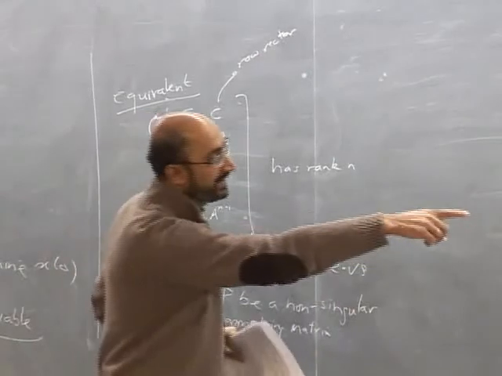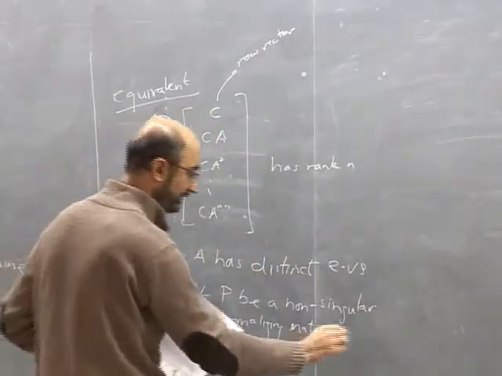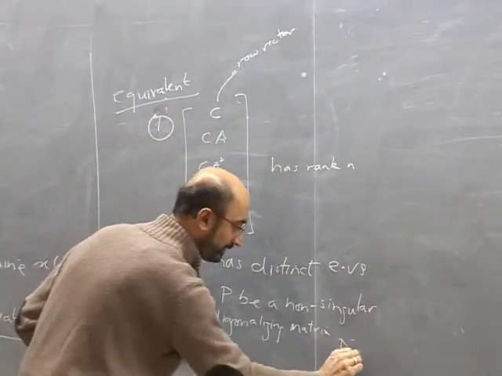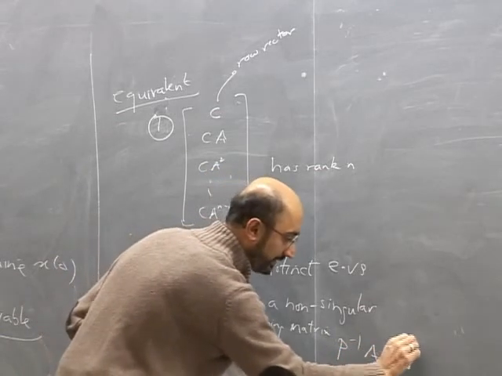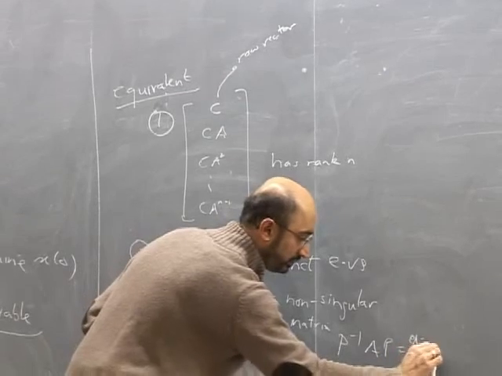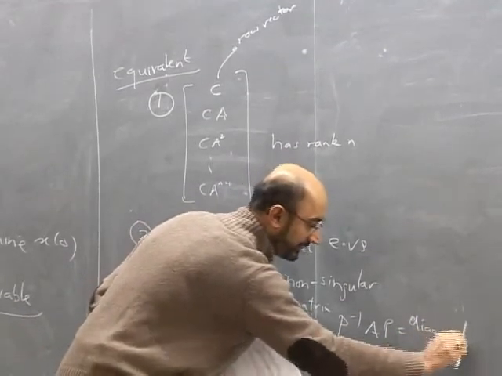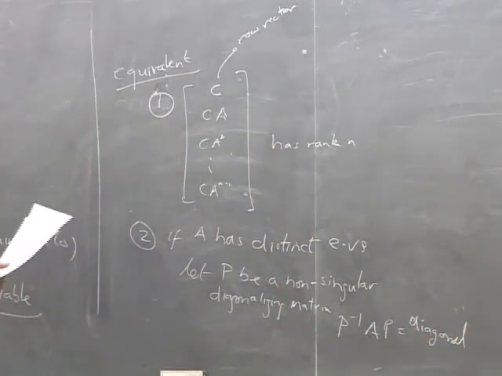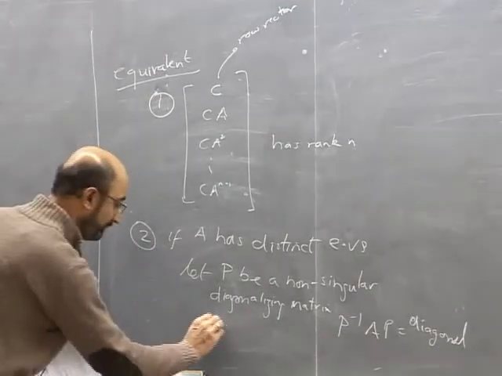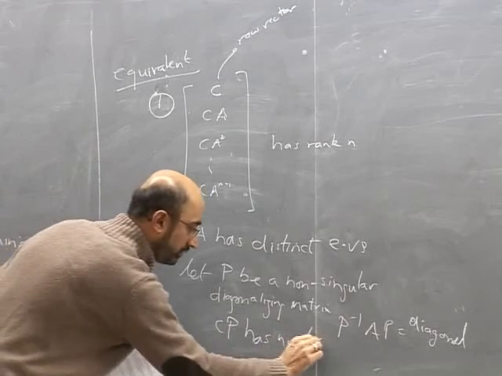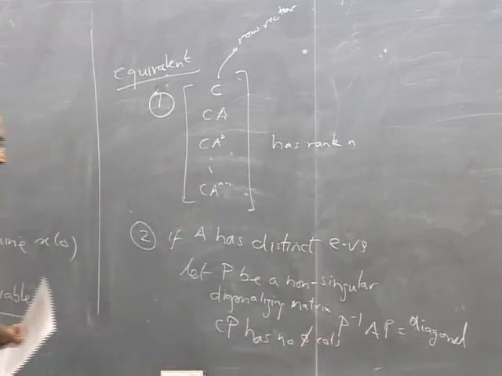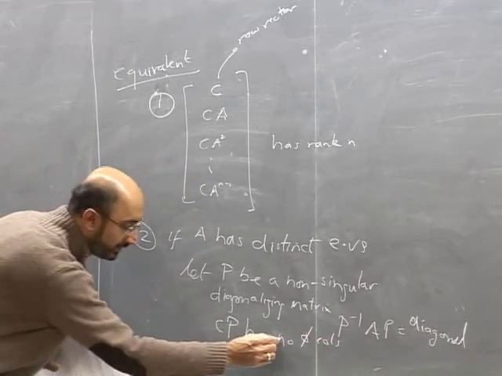That's the same as the X we had earlier, the matrix such that P inverse A P equals a diagonal matrix. That's the definition of a diagonalizing matrix. Then all we need to check is that CP has no zero columns. If CP has no zero columns, then it's observable.